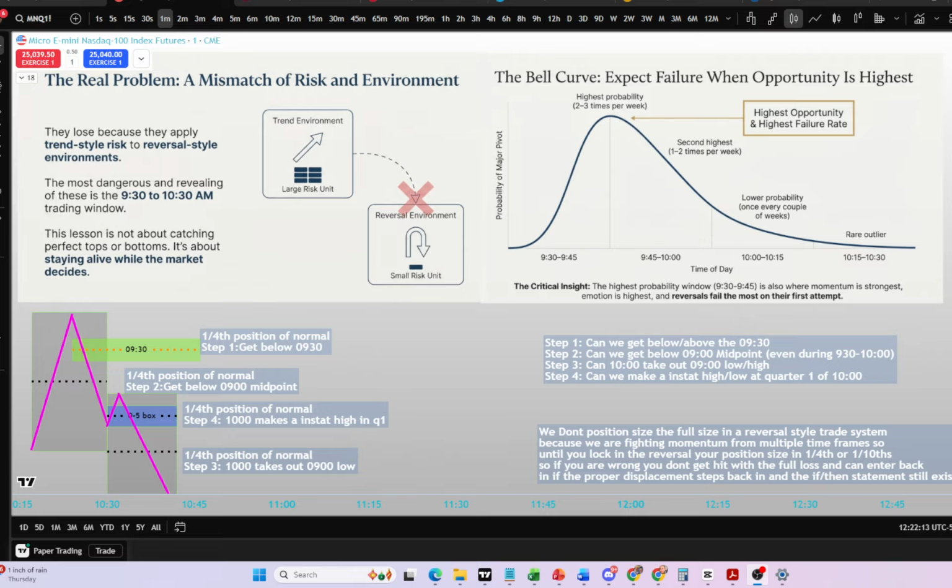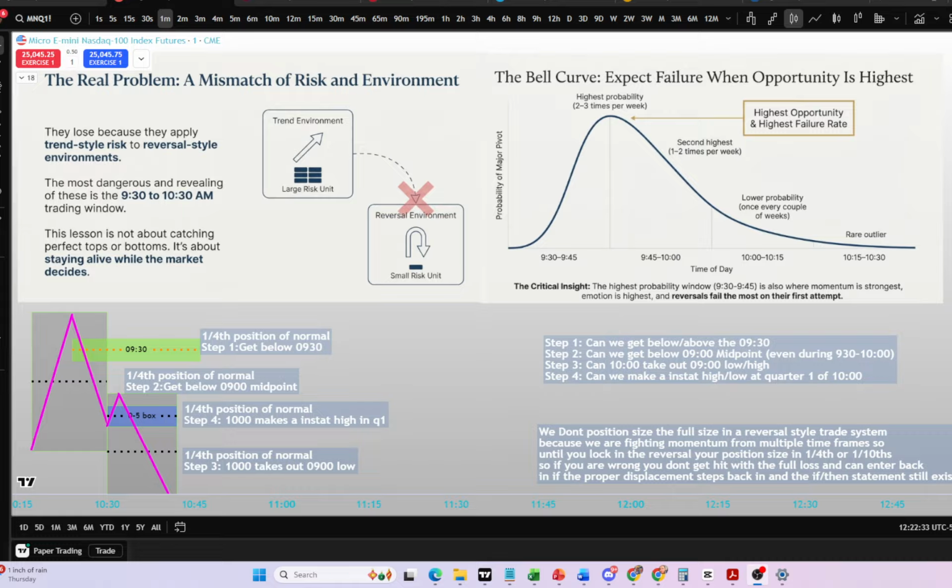We broke them up into four 15-minute quarters, and we saw that between 9:30 and 10 is the most predictable time for that major pivot. So this predictable pattern is the first piece of real information that we can build a risk model off of.